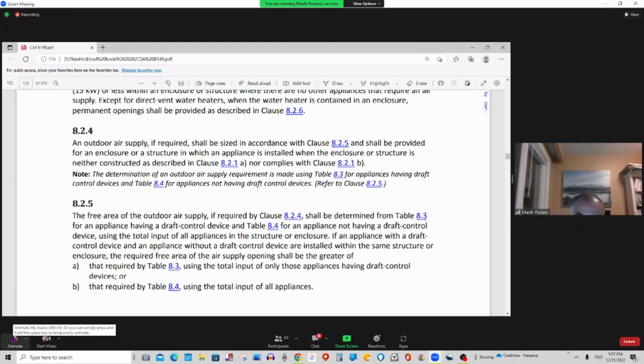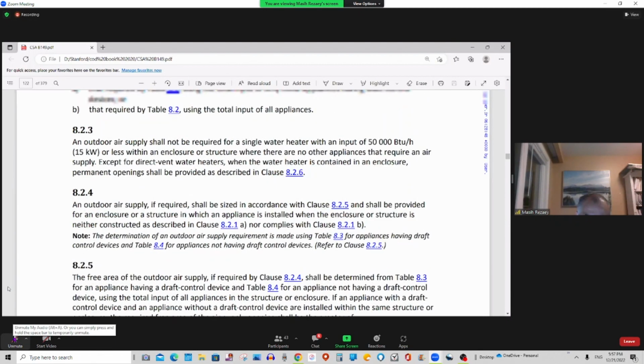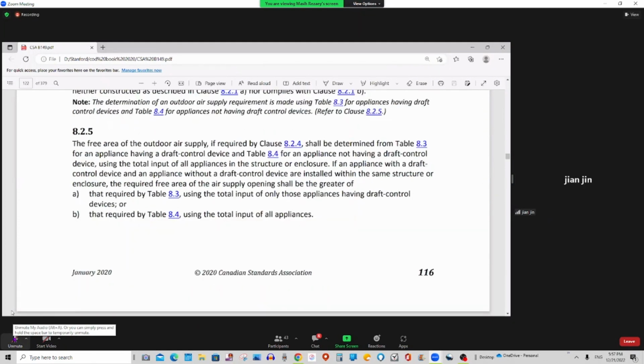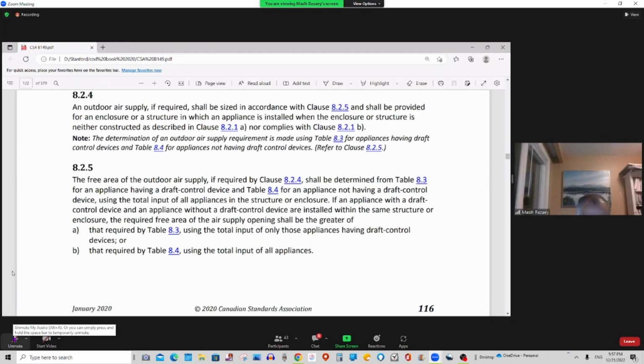This clause number is the same as clause number 8.2.2. But 8.2.2 was for a tight house. 8.2.5 is for a loose house. This clause says if you have two or more appliances, a combination with draft control and without draft control, how do we calculate the opening?